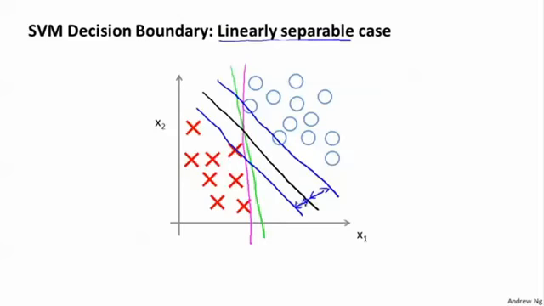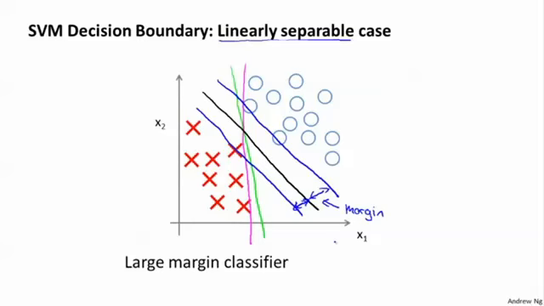And so this distance is called the margin of the support vector machine, and this gives the SVM a certain robustness because it tries to separate the data with as large a margin as possible. So the support vector machine is sometimes also called a large margin classifier, and this is actually a consequence of the optimization problem we wrote down on the previous slide.